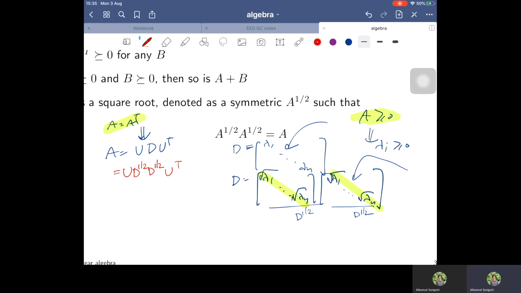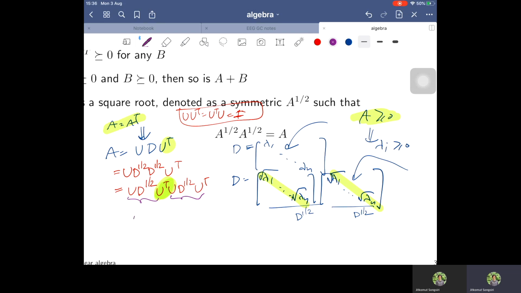Next, what I know about the eigen-decomposition of A is that U is orthogonal. The matrix U that contains the eigenvectors of A is orthogonal, so U transpose U equals I. So I can just add this green term because it's equal to I. After doing this, you can see that it looks like two matrices multiplied together.